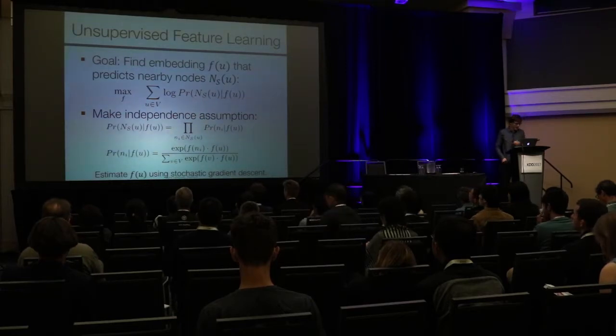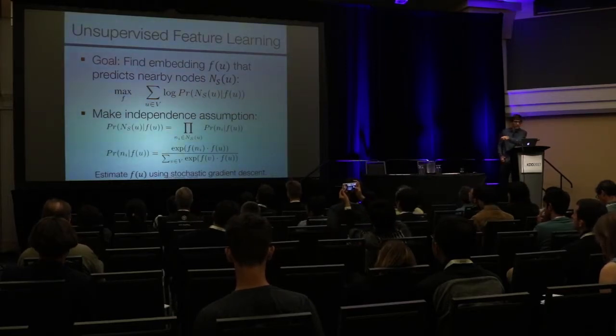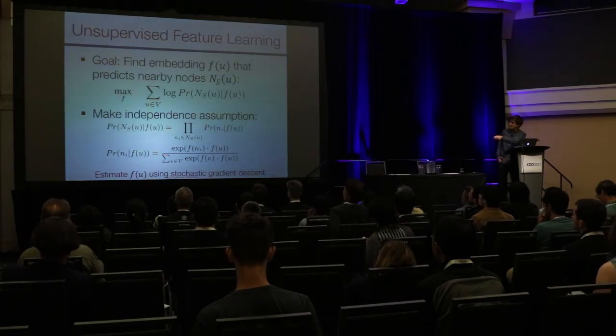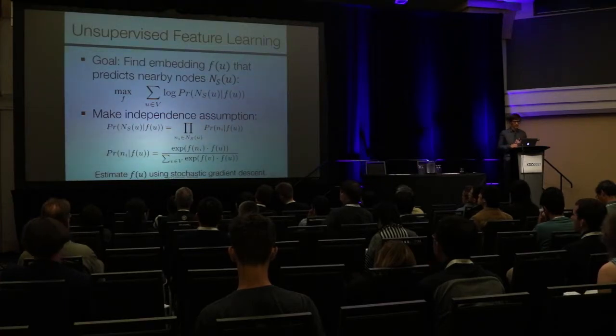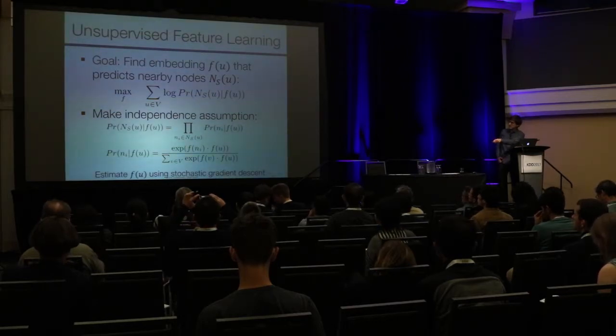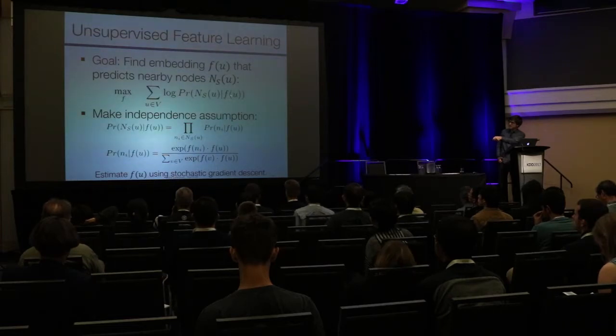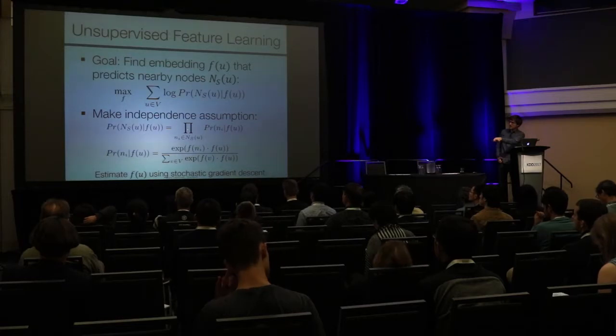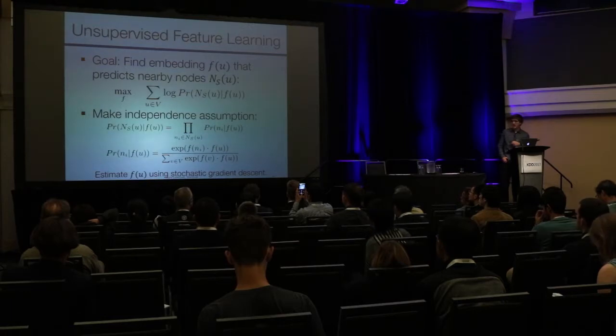Those are my parameters. What I want to do is go over all nodes of the network, and given a current node u, I want to be able to predict who is in the neighborhood of that node. So I want to maximize this log probability of being able to predict who its neighbors are. Then I do two standard things. Here, this is a set of nodes, so I'm making an independence assumption: the probability of a set given a node is simply a product over all the members of the set, given a node, predict its neighbor n.